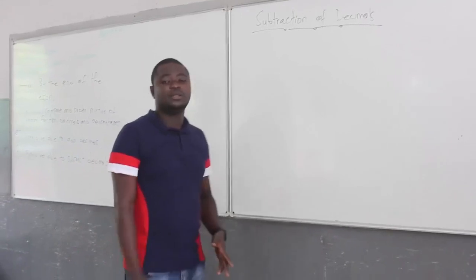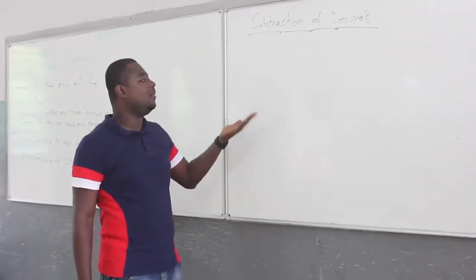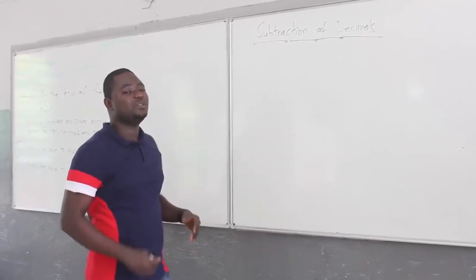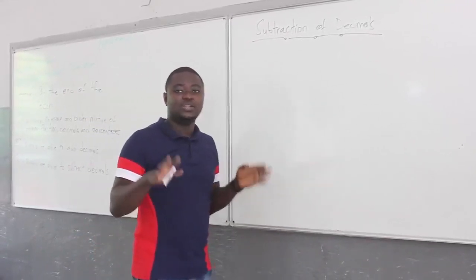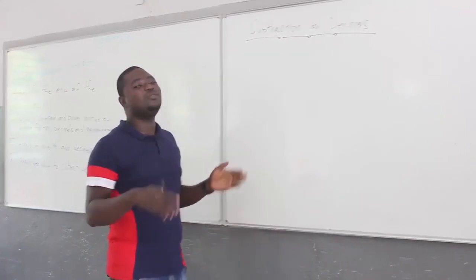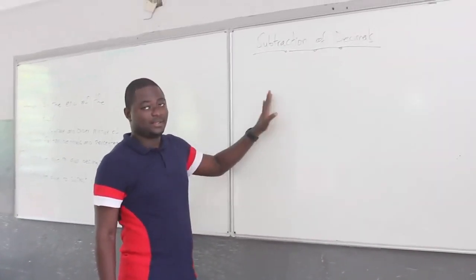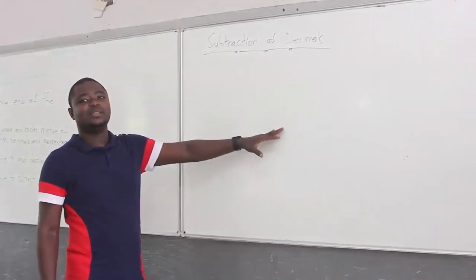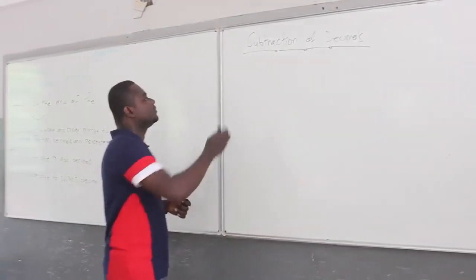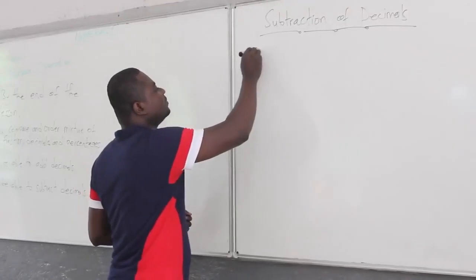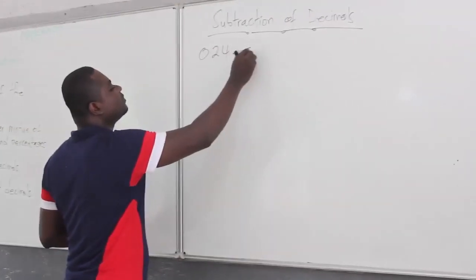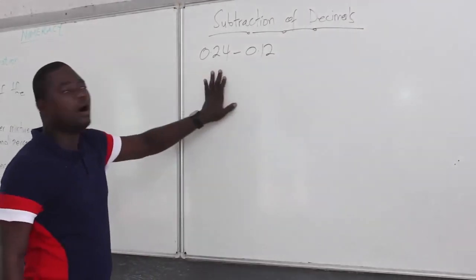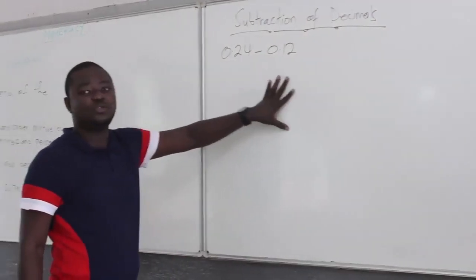Subtraction of decimals. We are going to use the same idea as addition of decimals here. As I said earlier, the procedure is either you change the decimals to fractions, then you solve them, or you maintain the decimals, then you solve them. So 0.24 minus 0.12.